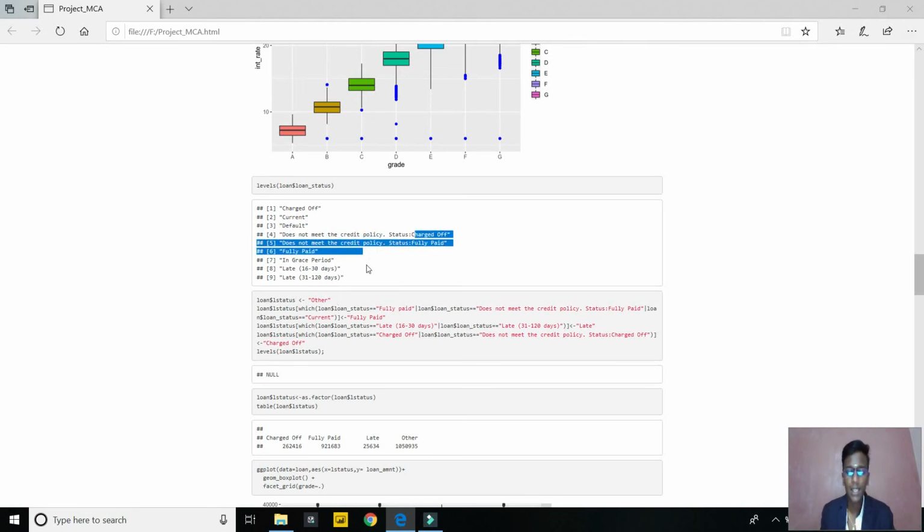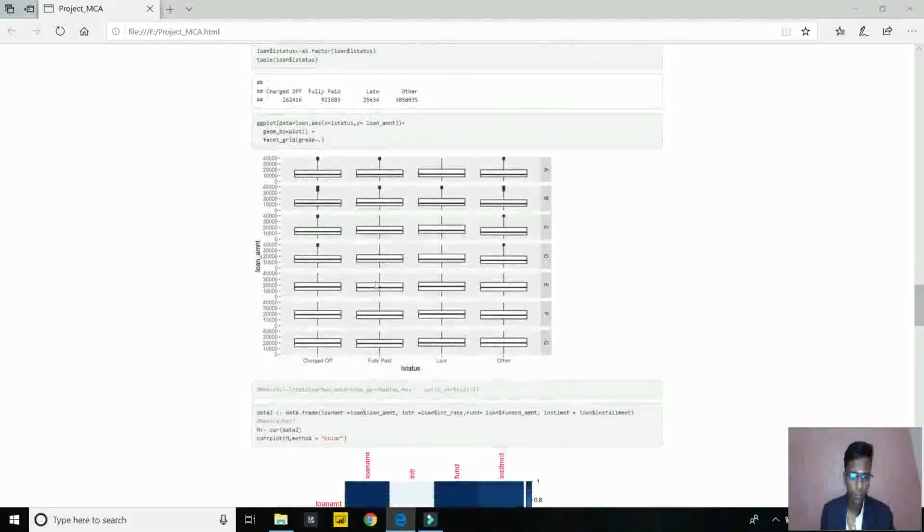These explain things inside the loan amount. Such data cannot be seen even when a large, humongous data set has been created. So this is a box plot, and here we have shown the status of the loan and the loan amount: charged off, fully paid, late, and others.